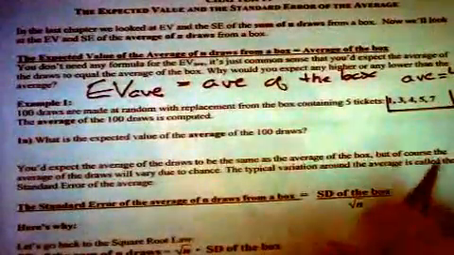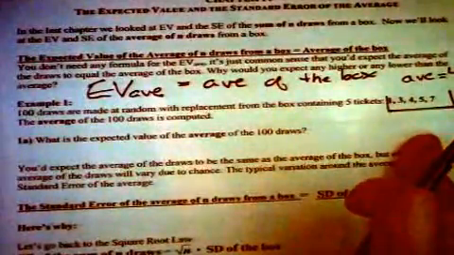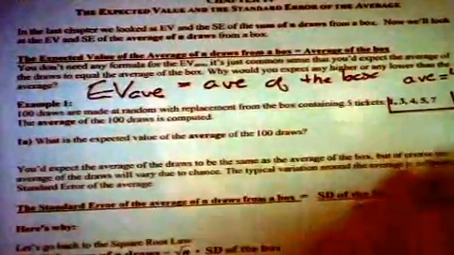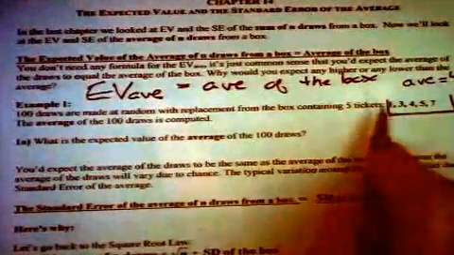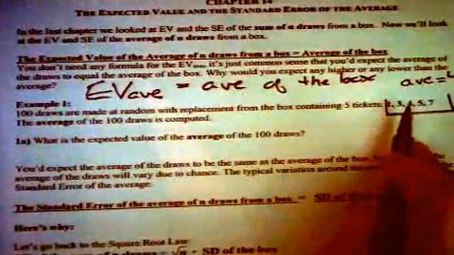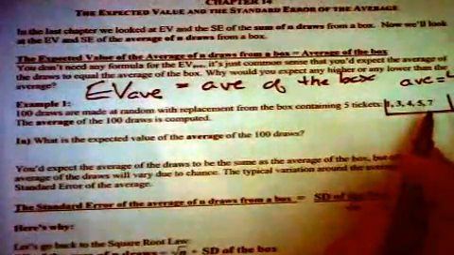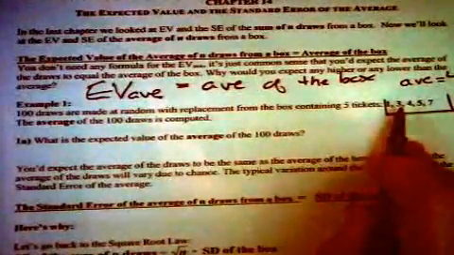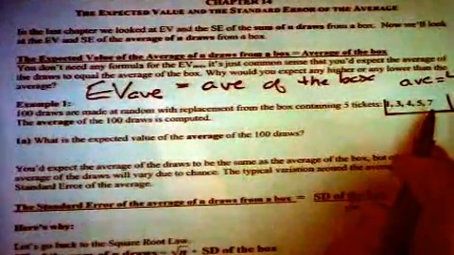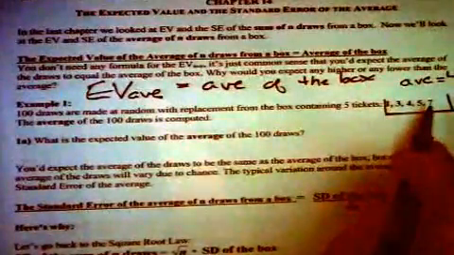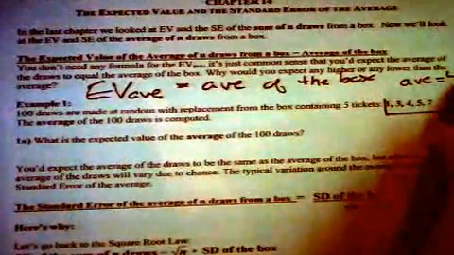Now, if you drew, let's say, 5 times, each one of these is equally likely, so you'd expect to get each one, and you'd expect the average to be adding those all up divided by 5, which is 4.